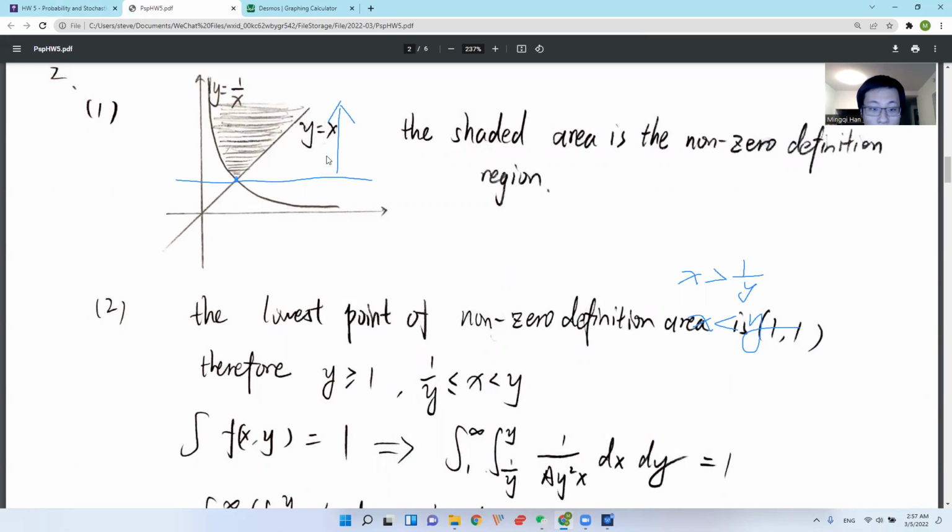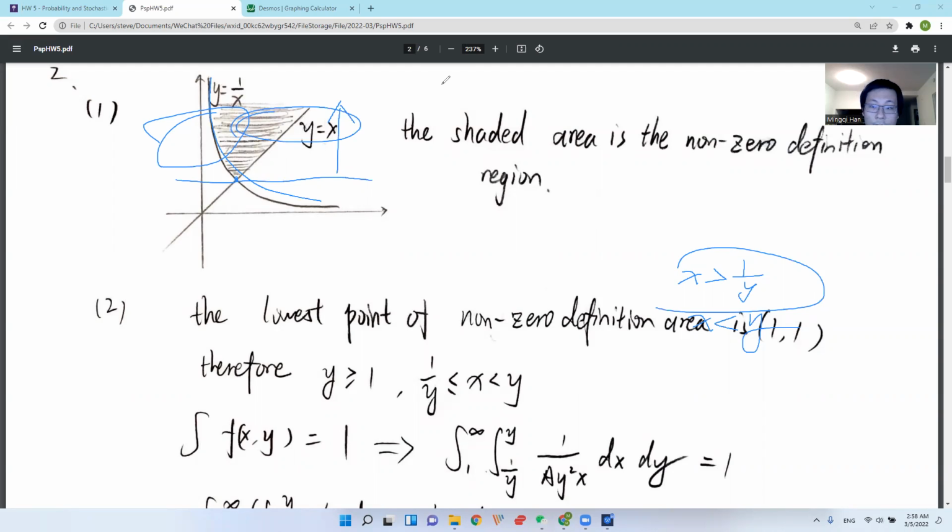So anything that's x smaller than y is over this side. And for this part, x larger than 1 over y, this is x equal to 1 over y, or y equal to 1 over x. So x larger than that is saying this part.